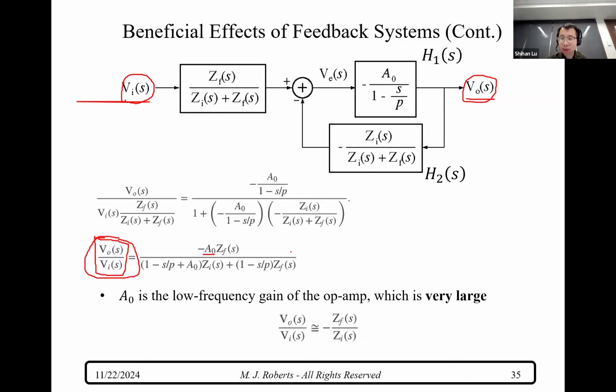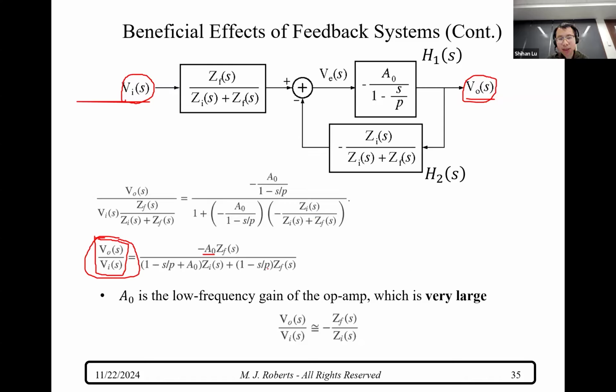Typically, low frequency stands for something between 0 up to hundreds of hertz, like 0 to 200 hertz. The gain is usually pretty large, and this gain is essentially the A naught here.